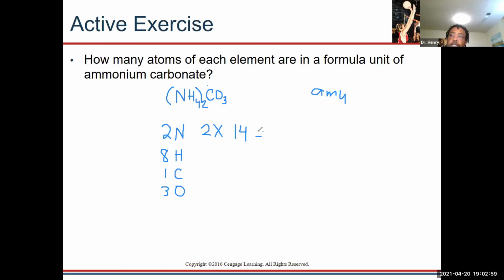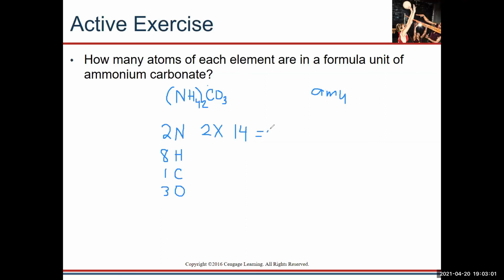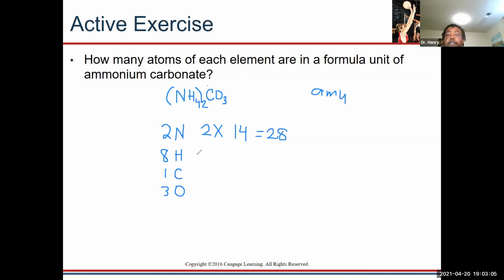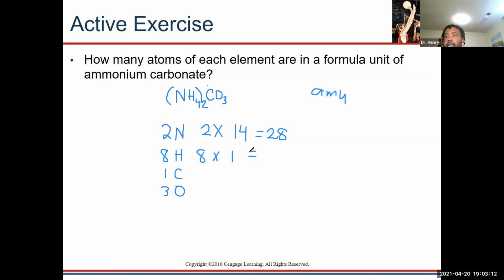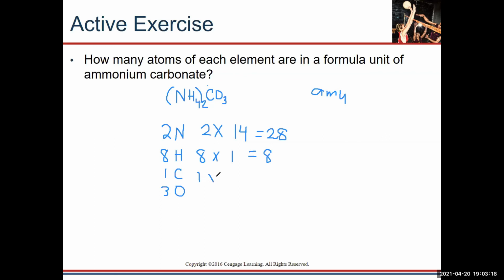So 2 times 14 is what? 28. Okay. Hydrogen weighs 1. And 8 times 1? 8. Carbon weighs 12.